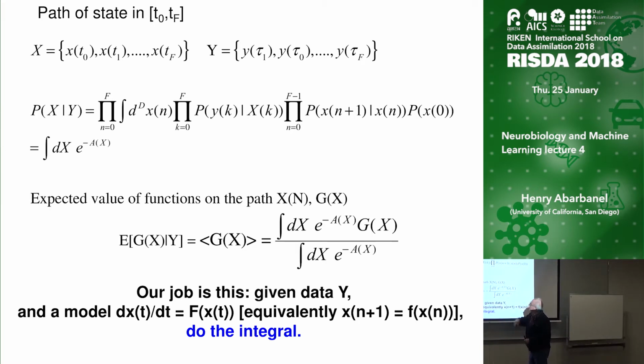It's the P. Capital X is the probability distribution of X at T0, jointly with X at T1, jointly with X at T2, all the way to the final time. And this is the distribution, because these measurements all have errors, at the times tau 1. This should read tau 2. Sorry.